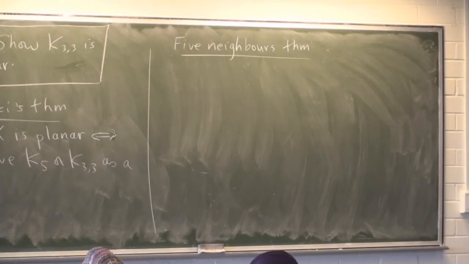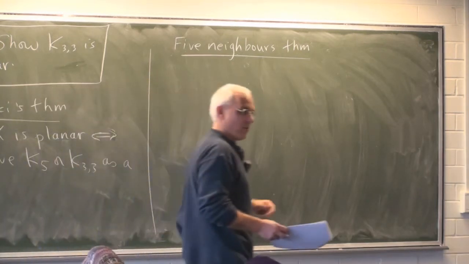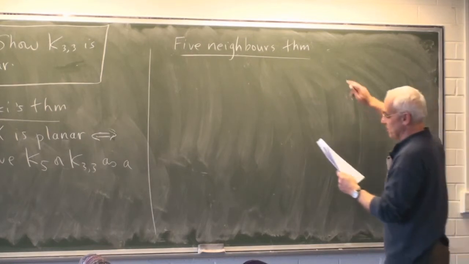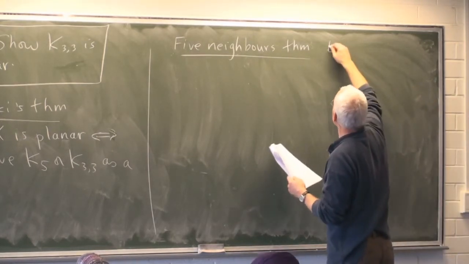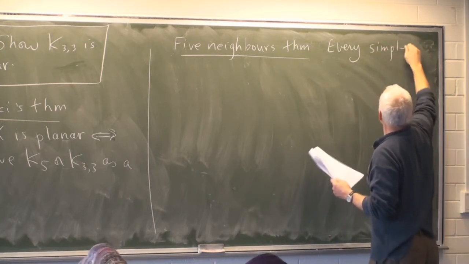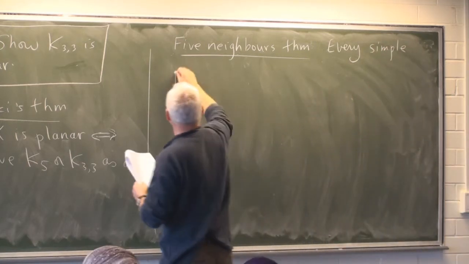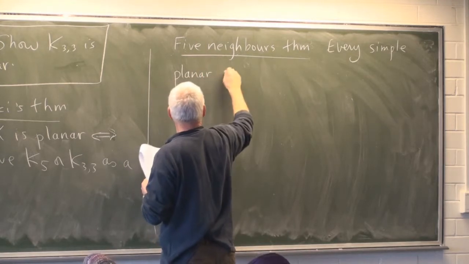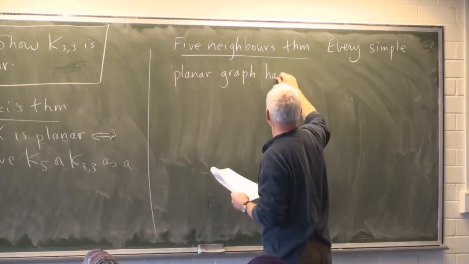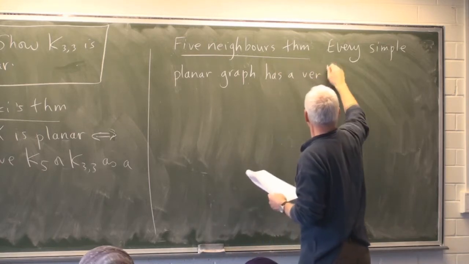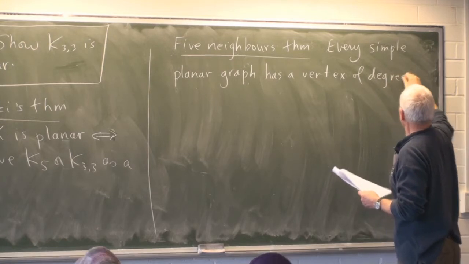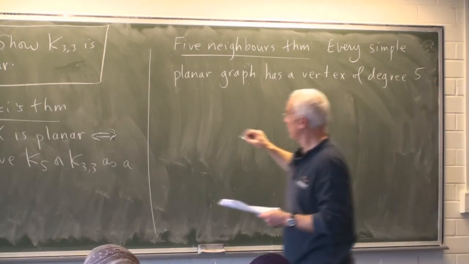And this allows us a very quick but weaker version of that very big theorem. The 5 neighbours theorem says that every simple planar graph has a vertex of degree 5 or less.